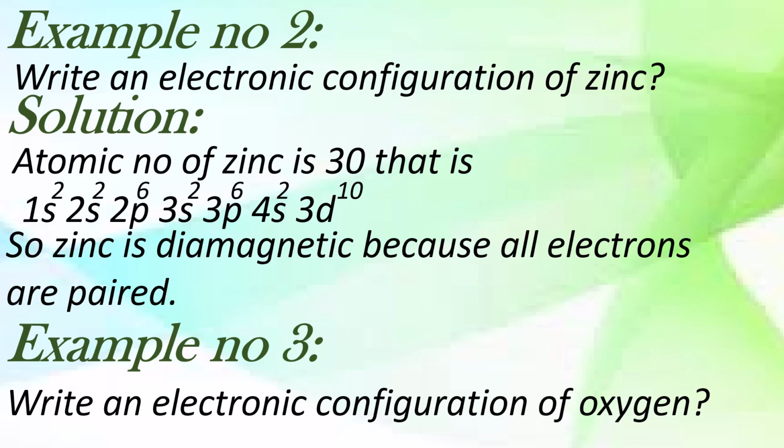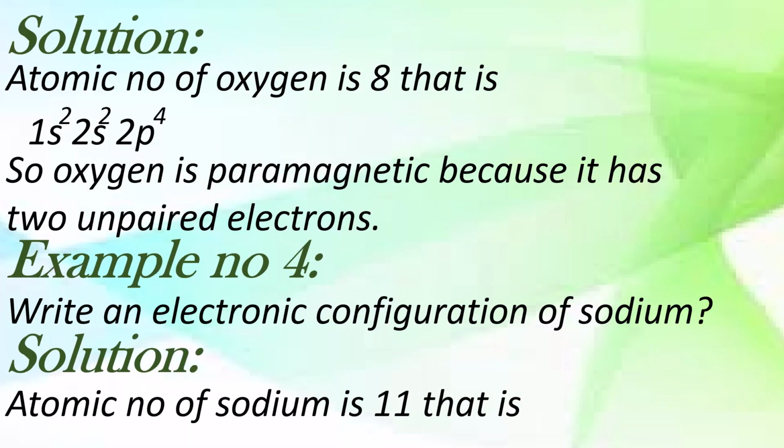Example number 3. Write an electronic configuration of oxygen, a vital element. Solution. Atomic number of oxygen is 8. That is, we will put 8 electrons.